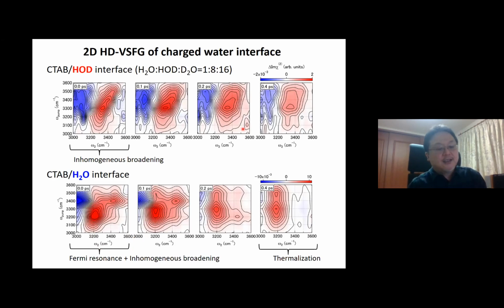So in this presentation, I will show only data taken from the HOD interface. This feature corresponds to the feature long believed to be ice-like water at the surface, but it's not due to ice-like water, because it disappears when we use isotopic dilution.